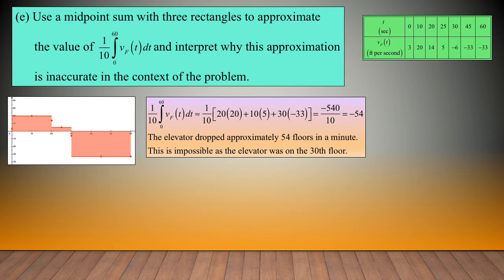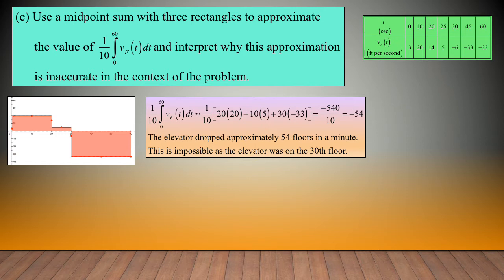So 1/10 the integral of 0 to 60 of v sub f of t dt is 1/10 times the quantity 20 times 20 plus 10 times 5 plus 30 times negative 33, which is negative 540 over 10, which is negative 54.